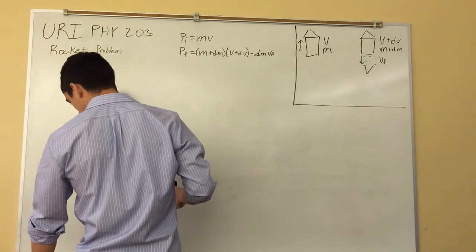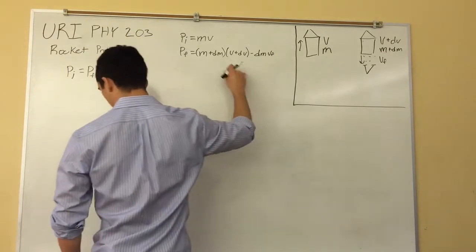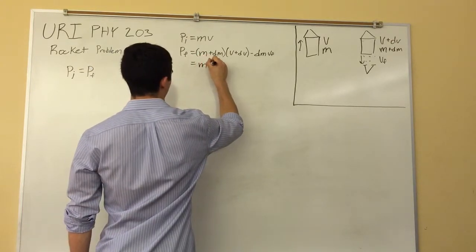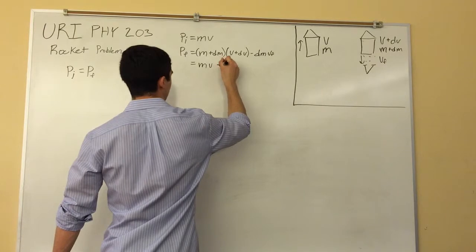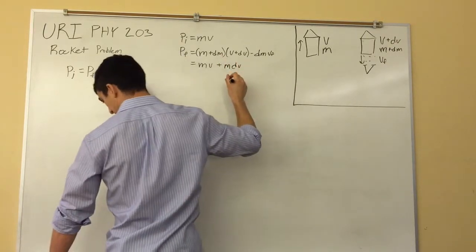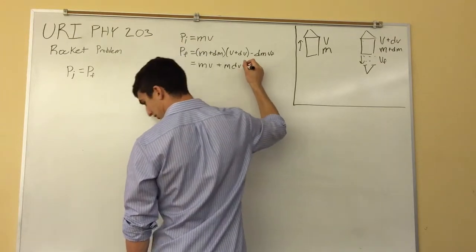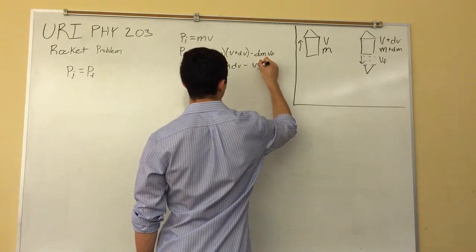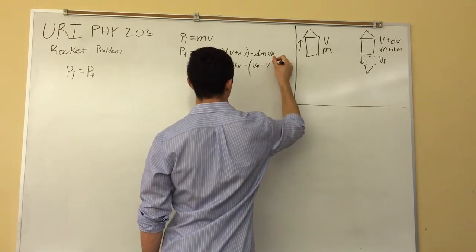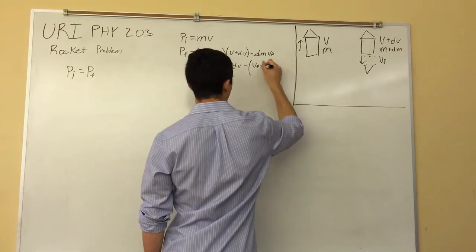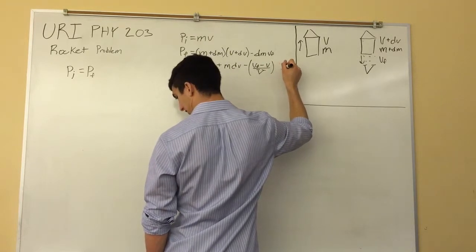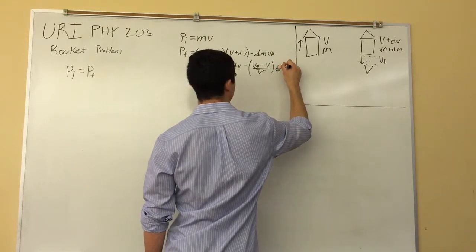So next we're going to clean this up a little bit on this side, and we're going to FOIL it out. So momentum final is also equal to mv plus m dv minus velocity final minus, we're going to kind of velocity initial divided by the velocity of the exhaust, and then all of that times dm, if I'm not mistaken.